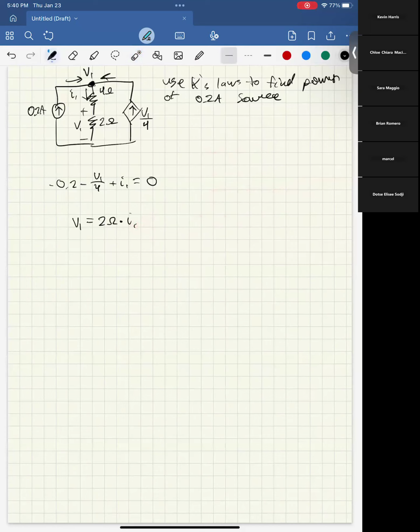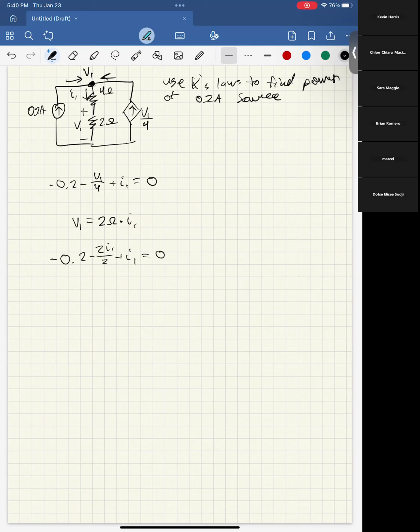But the point of this, again, is you just write equations that work for the circuit. And here we get 2 equations, 2 unknowns, and we can plug things in very directly. So now, if I plug the second equation into the first equation, we have 2I1 over 2 plus I1 equals 0. And did I mess something up?